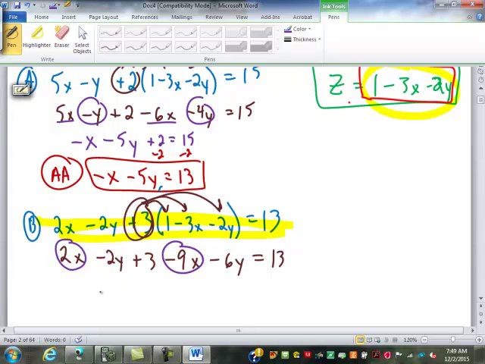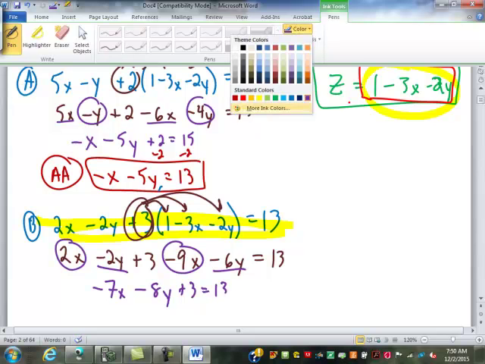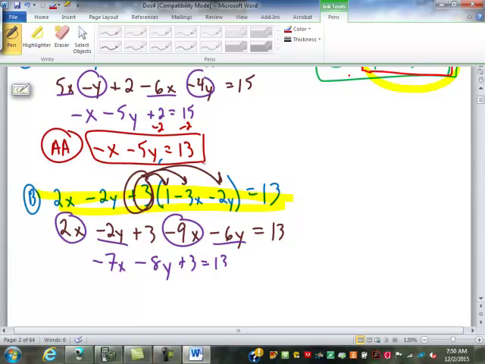2x minus 9x is a negative 7x. Negative 2y and negative 6y is a negative 8y. Plus 3 equals 13. And we have to subtract 3. So negative 7x minus 8y equals 10.